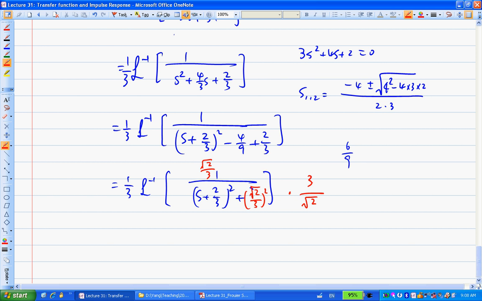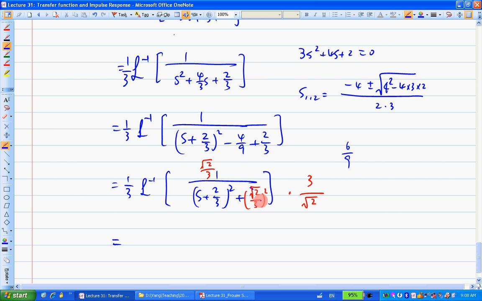So then overall, what's inside the brackets matches what we want now. Was that clear? So this is basically the format for omega over s plus a squared plus omega squared.